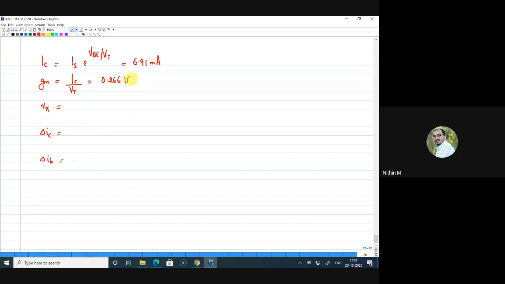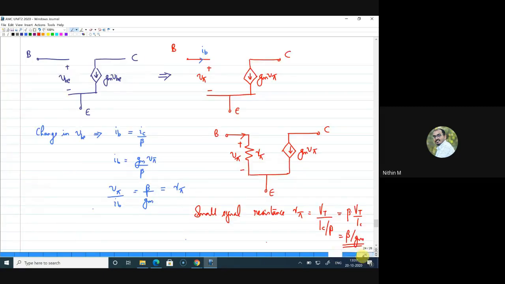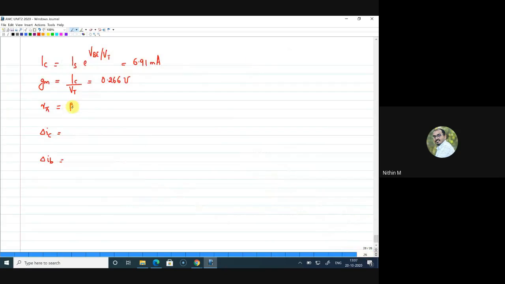Now, how to find R pi? We just saw that R pi can be evaluated as beta by GM. So beta is given. Beta by GM, if you do, you will get R pi. I think the R pi value is 375 ohms. And then you can go for delta IC and delta IB. How will you find delta IC? Delta IC can be written as GM into Vx, because the Vx is actually your VBE.